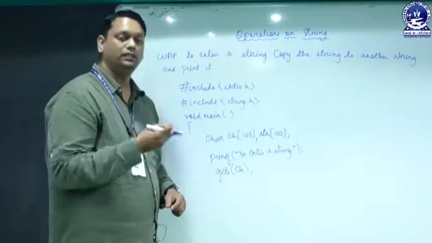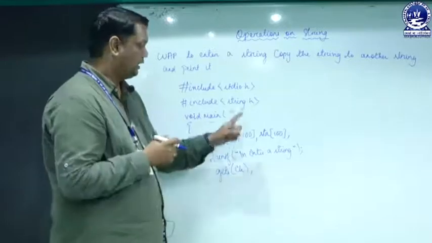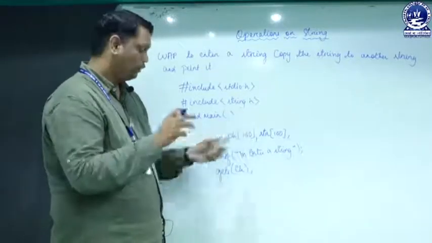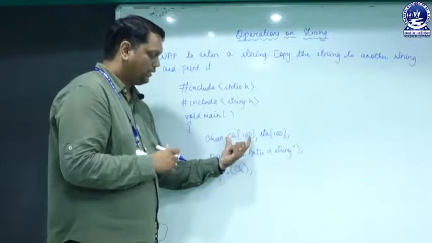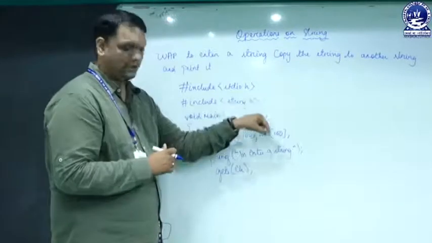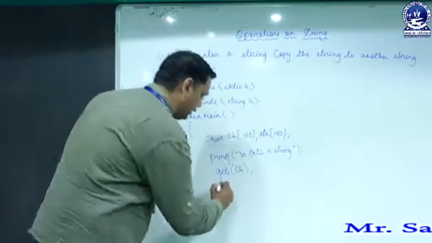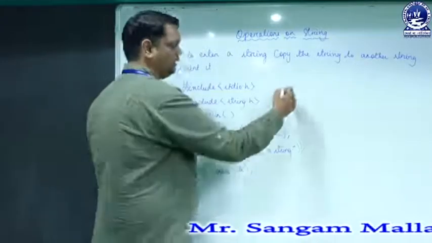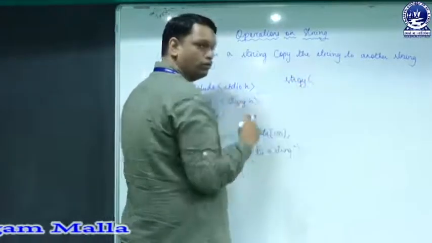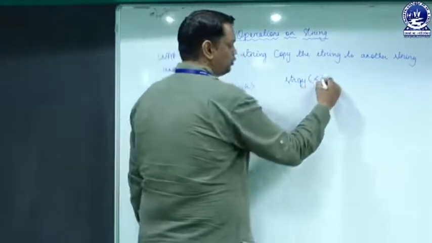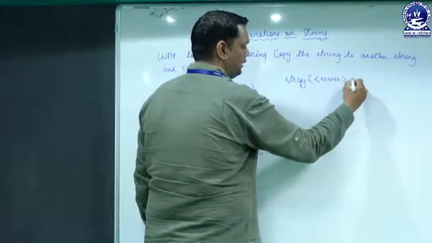String copy is a special type of function under the string.h header file which has the capability of copying the characters from one array to another array. So what is the syntax of strcpy? strcpy has two values, that is source and destination.